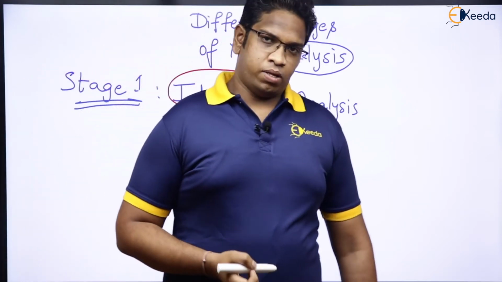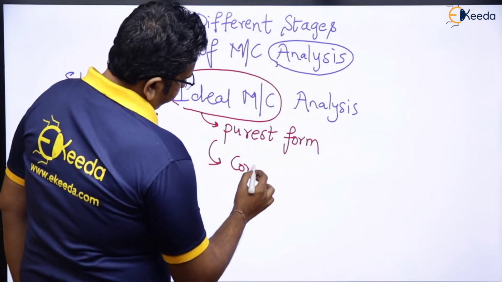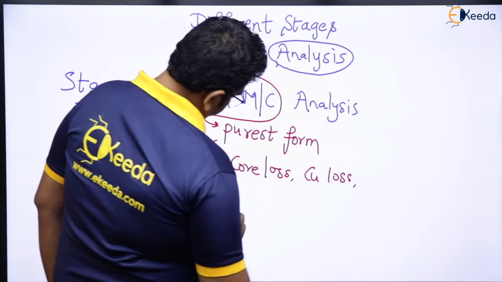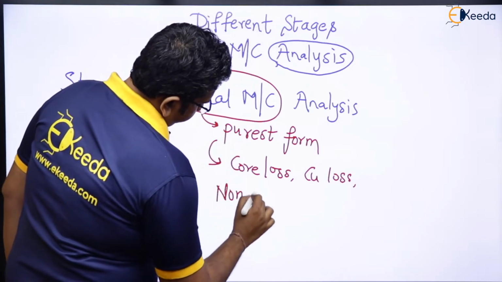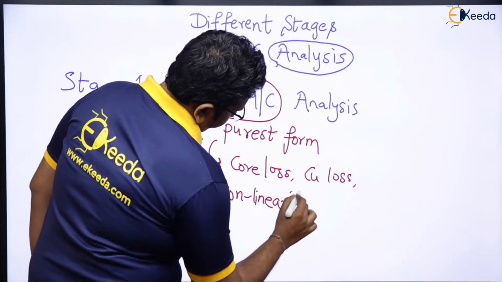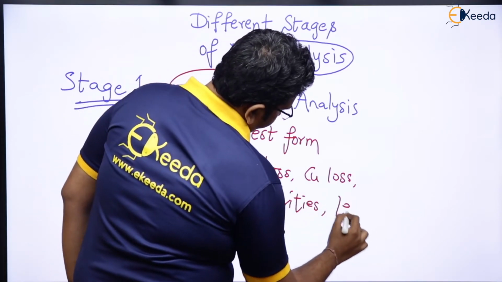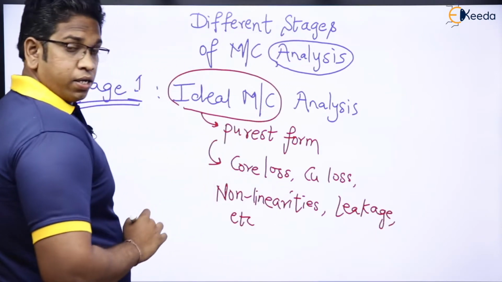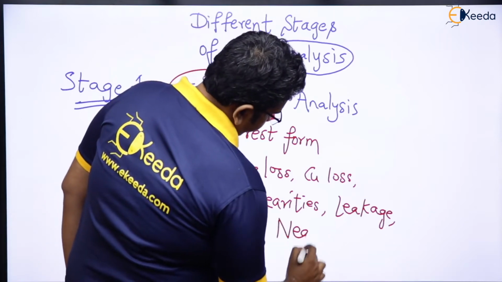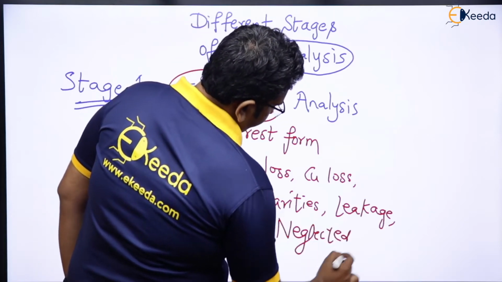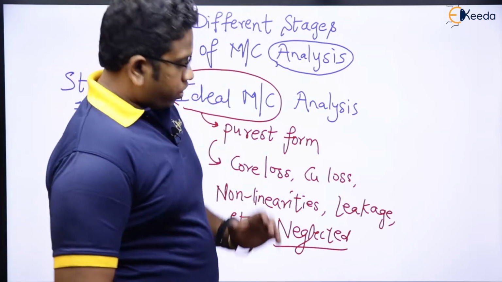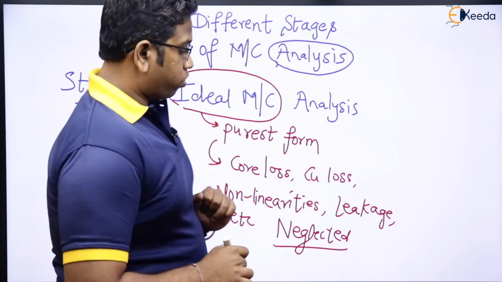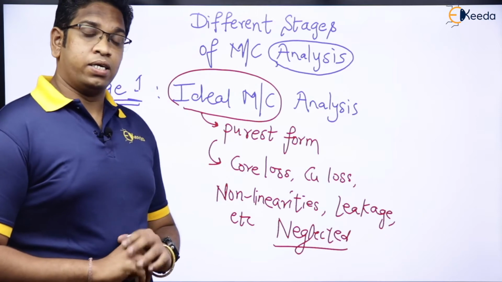For any machine, if core losses, copper losses, non-linearities, leakage, etc. are neglected, then it means that we are going to analyze the ideal machine. The machine in which copper losses, core losses, non-linearities, leakage, etc. are neglected is called an ideal machine.